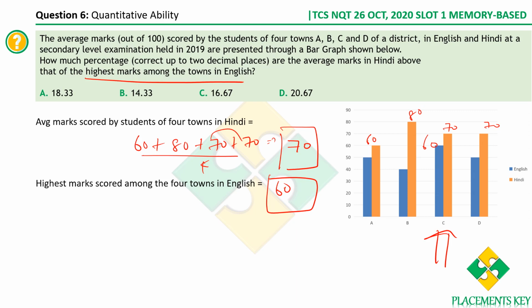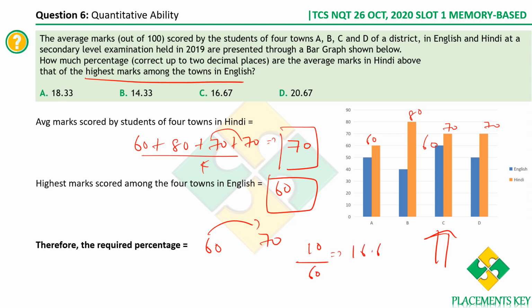We are supposed to find the percentage increase from the highest marks in English to the average score in Hindi, which is 60 to 70. So 10 is increased from 60. So the answer is 16.67%. 1 by 6 is 16.67, right? So the answer is 16.67%. Option C.